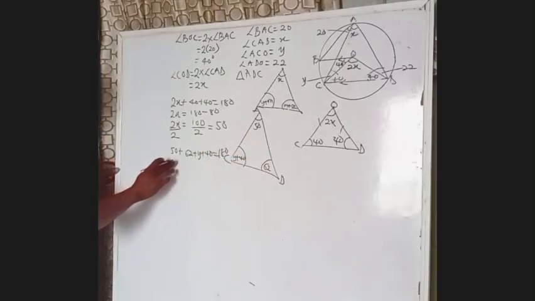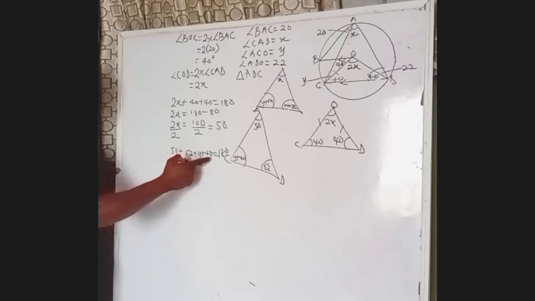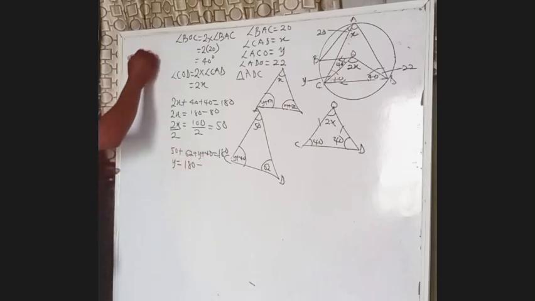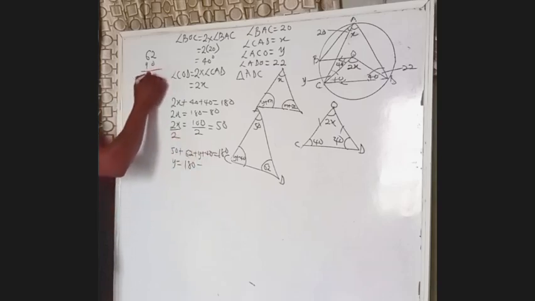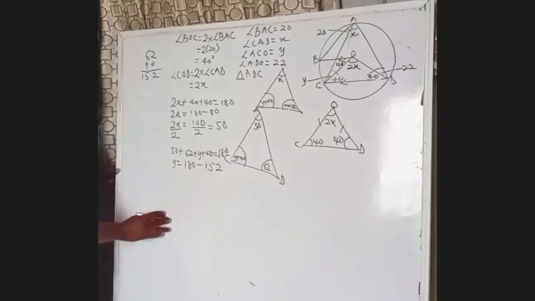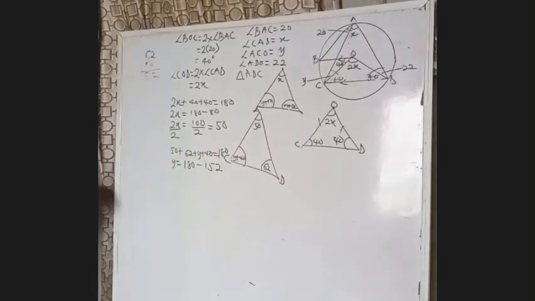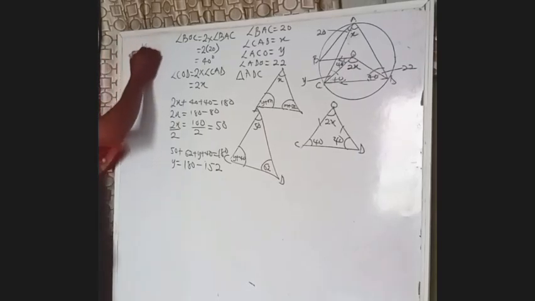So y is equal to 180 minus, if we add 50 plus 40 that is 90, plus 62 is 152.